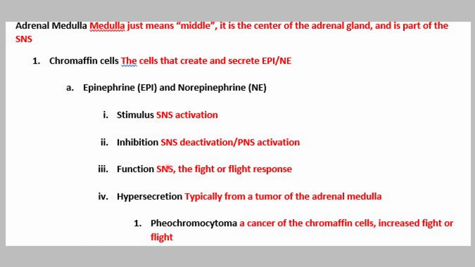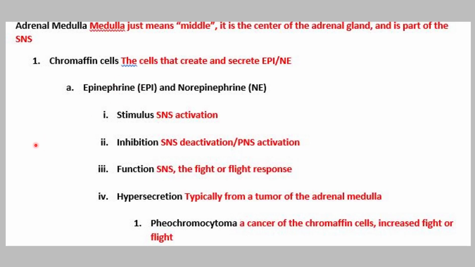What's its function? Well, also sympathetic nervous system, the fight or flight response. This is kind of weird, but think back to Bio 137 with how the sympathetic nervous system worked. On the neural side, when the fight or flight response is activated, we send electrical signals, action potentials, to the body and also to the adrenal gland.